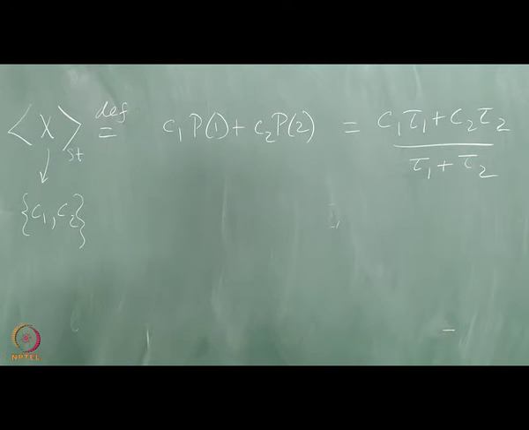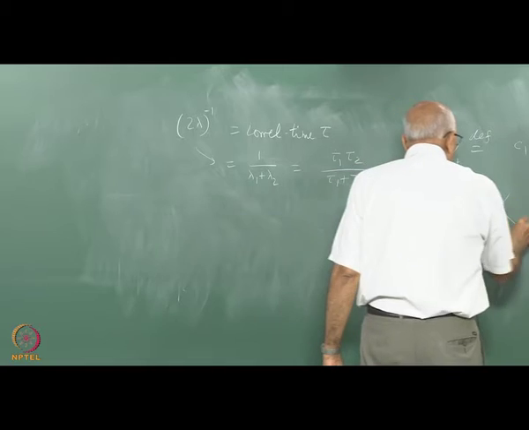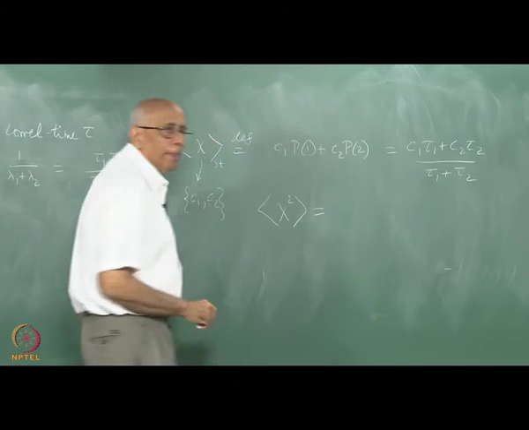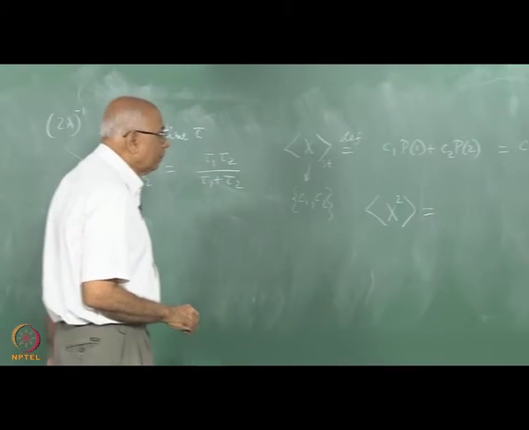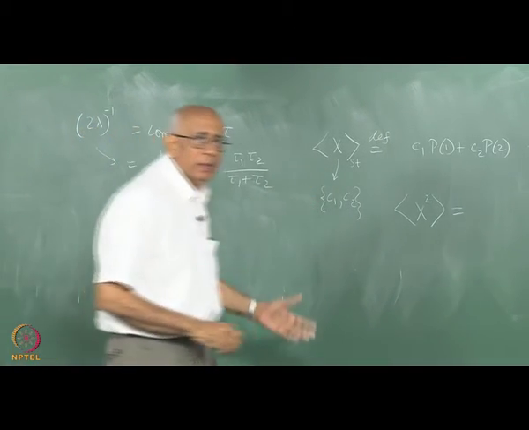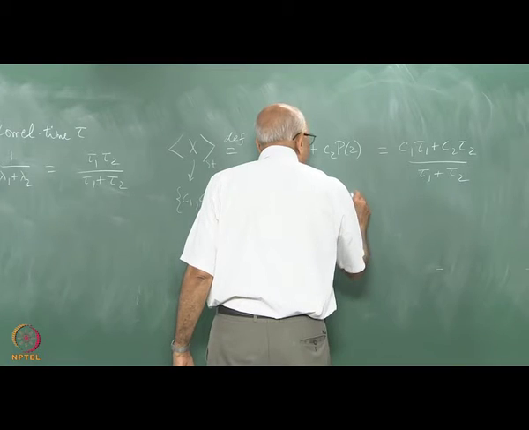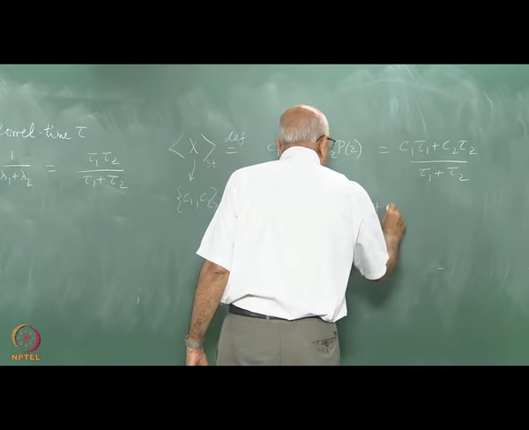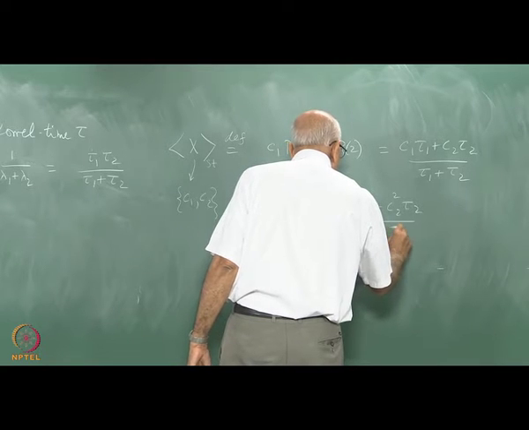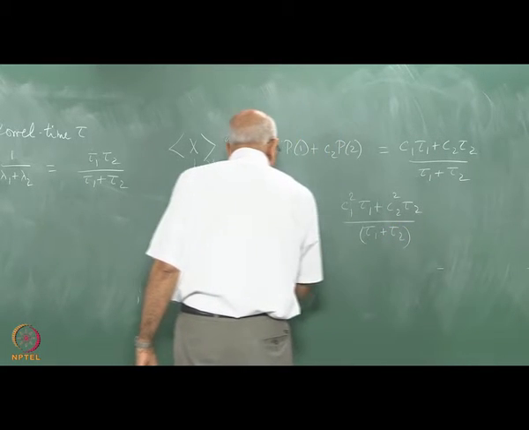Okay. What is the mean square going to be? Well, same guy but with squares. So it is C1 squared tau 1 plus C2 squared tau 2 over tau 1 plus tau 2. Again this is the stationary value.